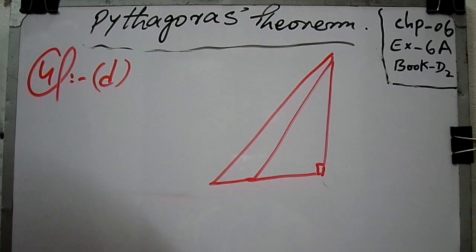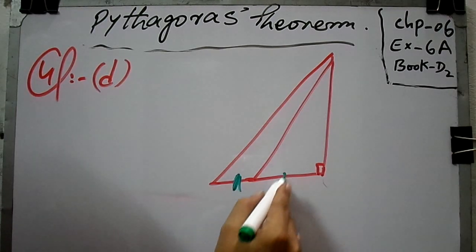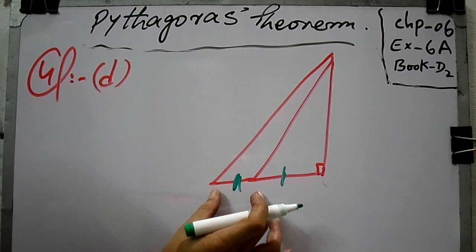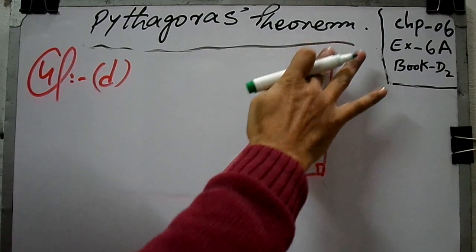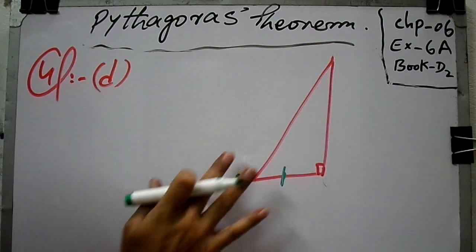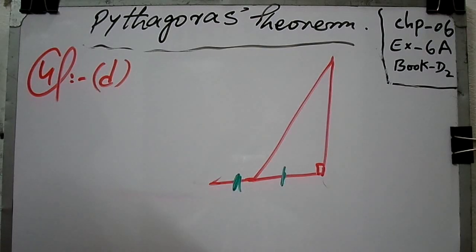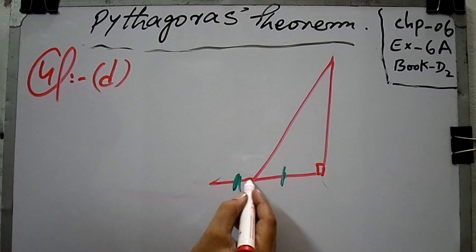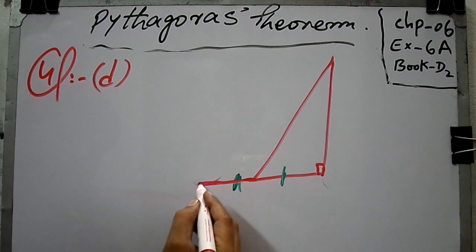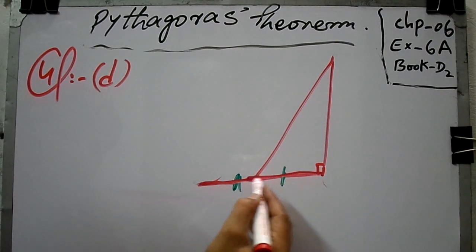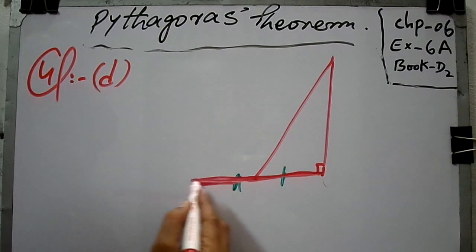This cut is given in your textbook, this cut and this cut. It means this portion is equal to this one, but the diagram is not drawn nicely, so we can easily conclude that this side is equal to this one. So you have to extend the length so that it looks like both are equal.